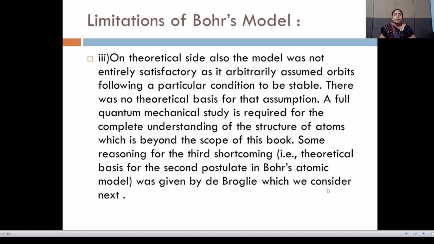There was no theoretical basis for the assumption. A full quantum mechanical study is required for the complete understanding of the structure of atoms, which is beyond the scope of this book. Some reasoning for the third shortcoming, that is the theoretical basis for the second postulate in Bohr's atomic model, was given by de Broglie, which we consider next.